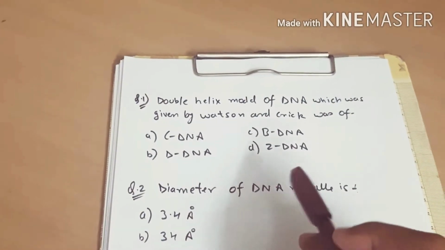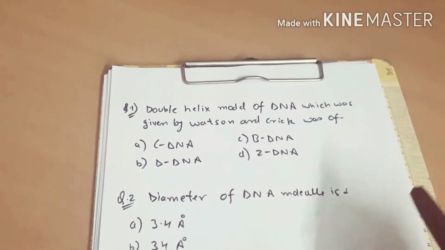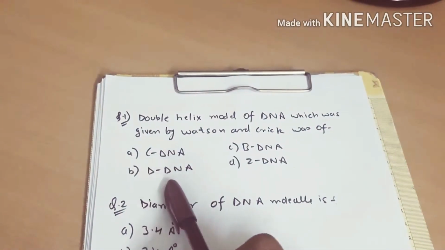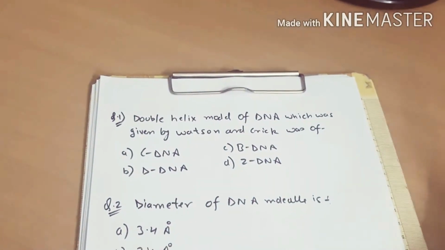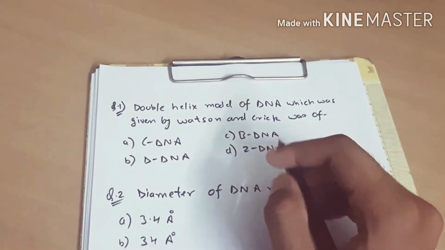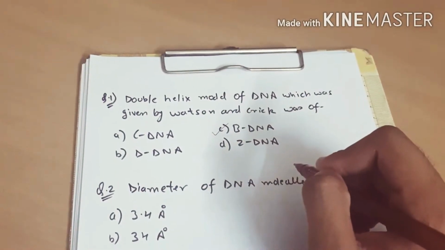Double helix model of DNA which was given by Watson and Crick was of cDNA, bDNA, dDNA or zDNA. Here the answer is option C, which is bDNA.